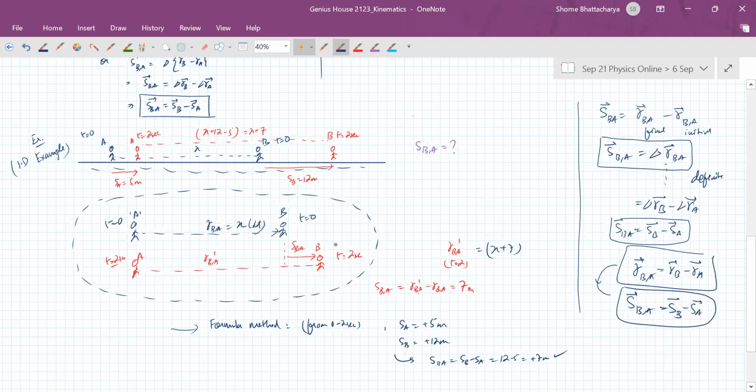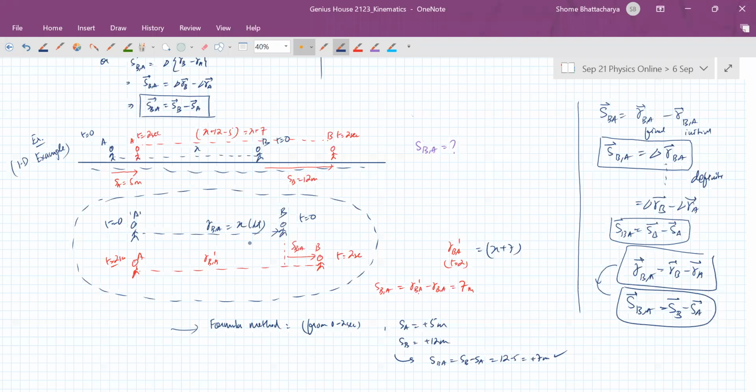When you're doing this example, don't think about what happens in 2D right now. We'll understand that with another example. Just focus on this example and think of it logically. You'll realize that both by the formula method as well as the logical method, with respect to A, the displacement of B is 7 in the positive direction.